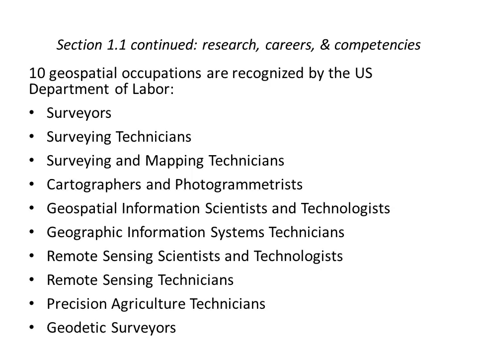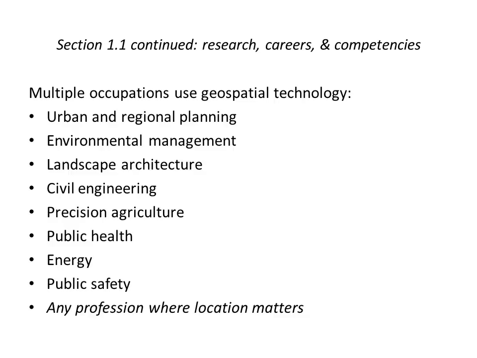As we move through the course, you will get a better idea of what these different jobs mean. In several cases, they will feature fairly prominently in terms of the kinds of geographic information systems work that you'll be doing. And if you take more GIS courses beyond this one, you'll find out a great deal more about these fields. Multiple occupations also use geospatial technology. So these would be people who work in related fields, but may not technically be a GIS specialist or a technician or someone who identifies GIS as their main task within their field.